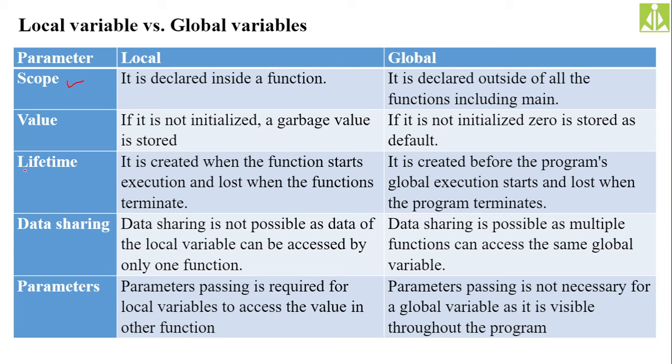By default, there is no availability. By parameter passing only can we achieve that availability. For global variables, there is no need of the parameter passing technique. As they are global, you can access them within any function. There is no restriction, no limitation. So no parameter passing technique is required.